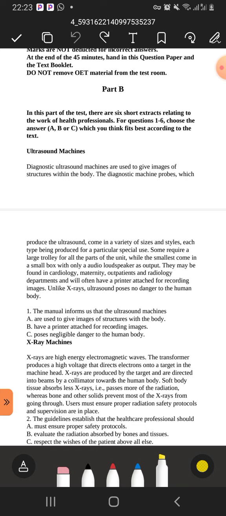They may be found in cardiology, maternity, outpatient, and radiology department, and will often have a printer attached for recording images. Okay, let me highlight it. So what is this one telling us? It's telling us where ultrasound machine can be found and what can be attached to it. Okay, now to the last one.